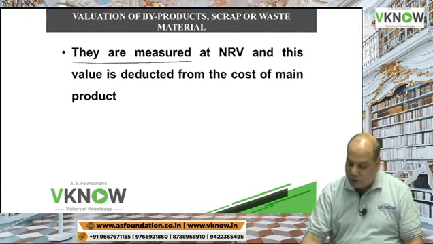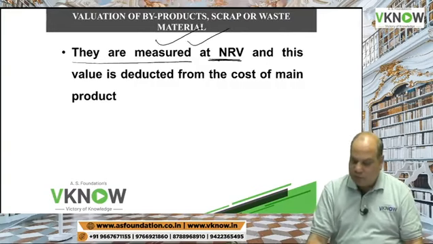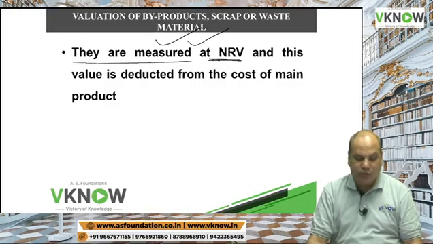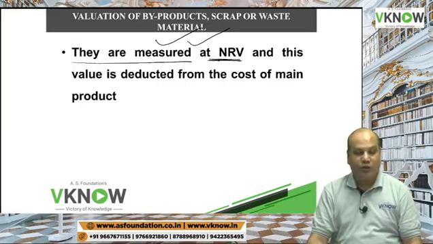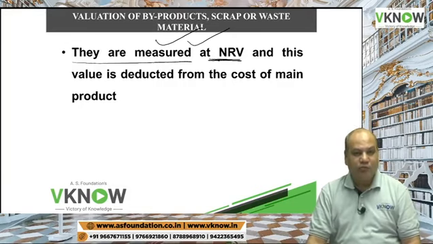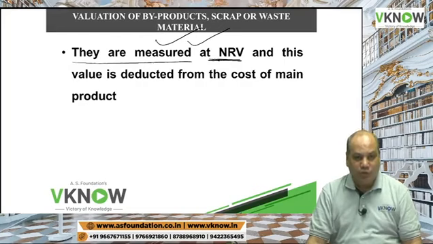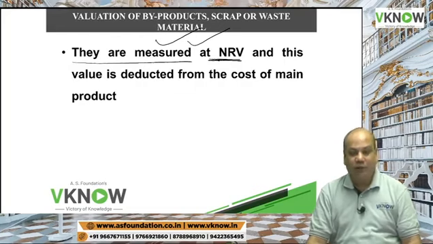They are measured at NRV. At the top there is a heading byproduct, scrap, waste material. Byproduct, waste and scrap material are not intentionally produced. Plus their values are also very small, not very significant.